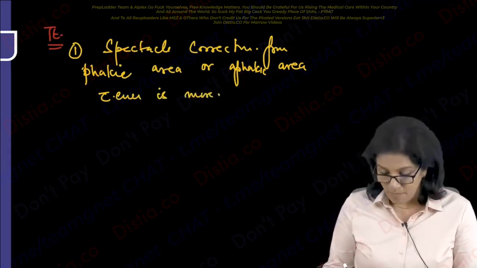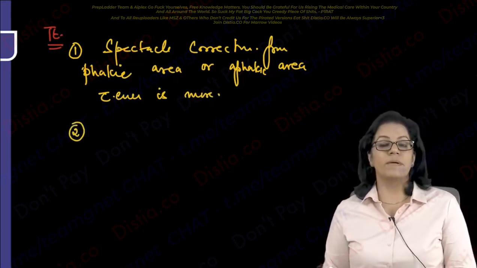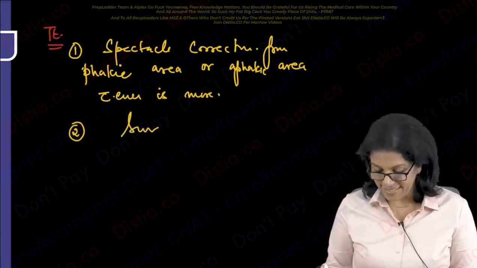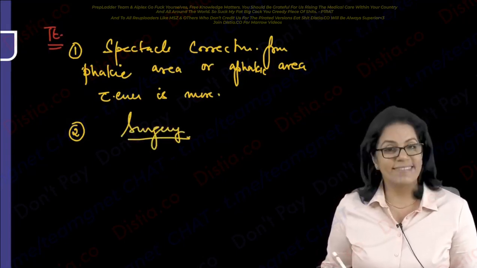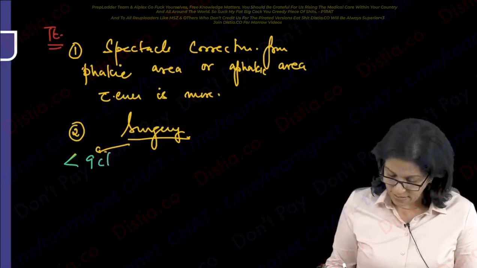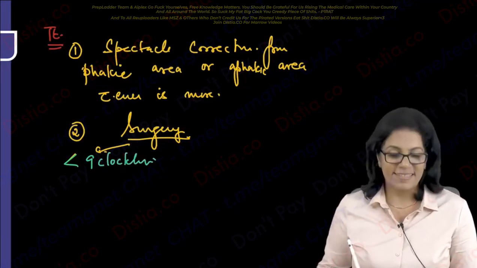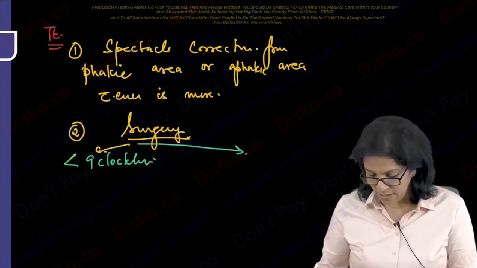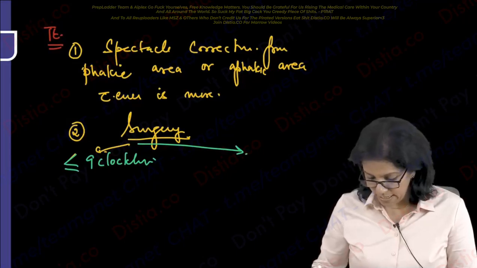But if this is not comfortable and not working, we have to go for surgery. Now surgery will depend on whether the subluxation is less than 9 clock hours or more than 9 clock hours.